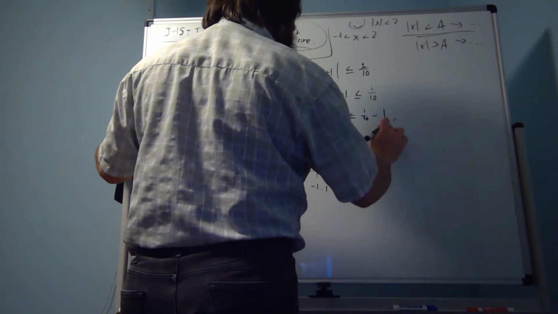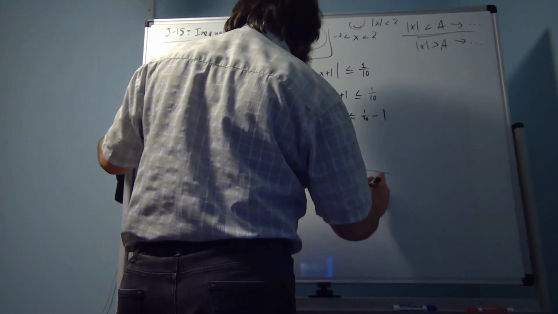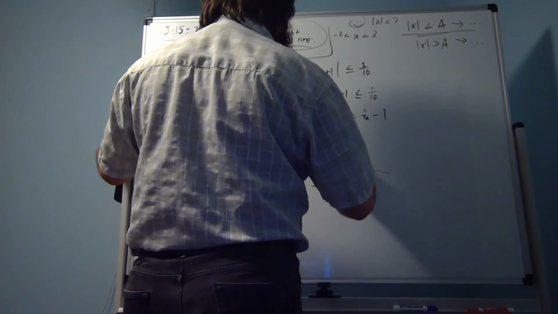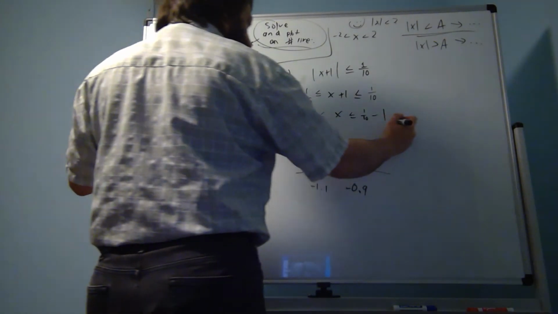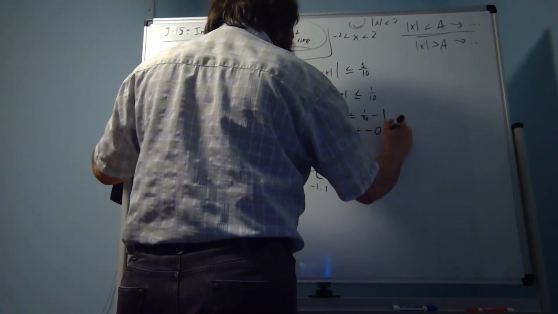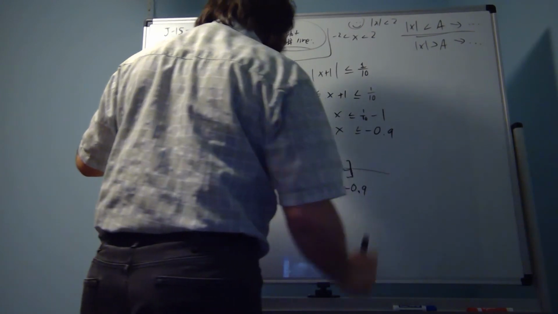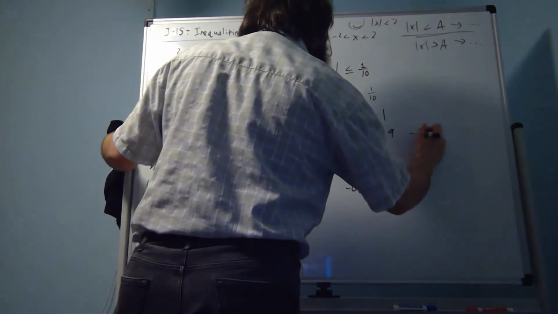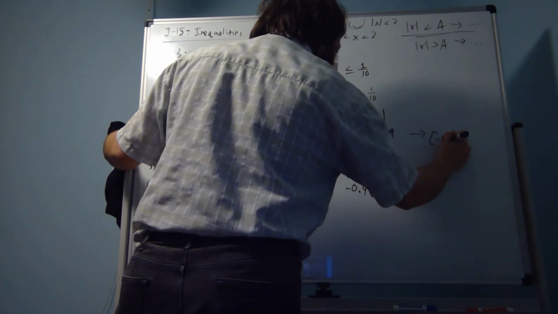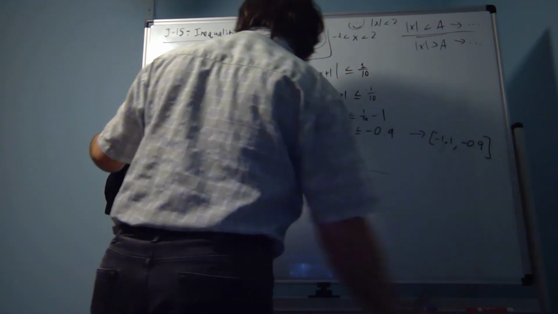So here's negative 10/10, so negative 9/10, negative 0.9. So x is less than negative 0.9 and x is greater than negative 1.1, and it's doing both of those simultaneously. So the answer in interval notation looks like that.